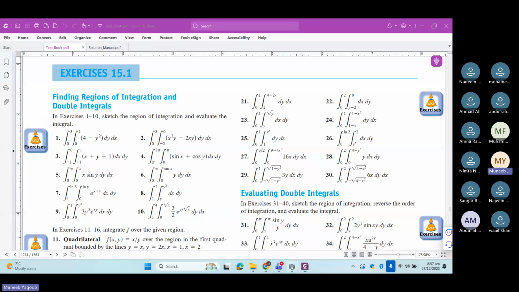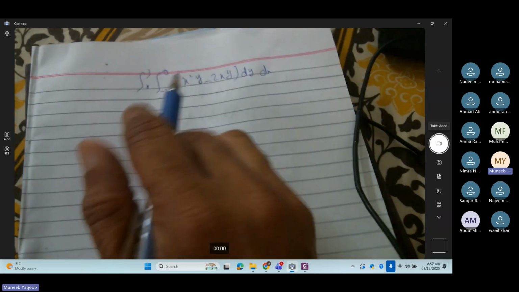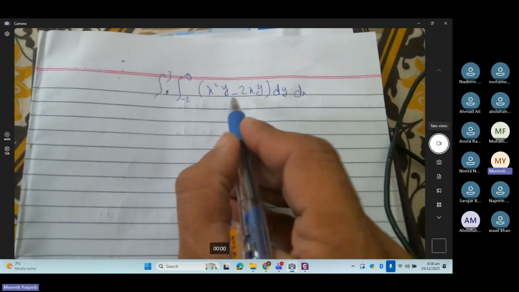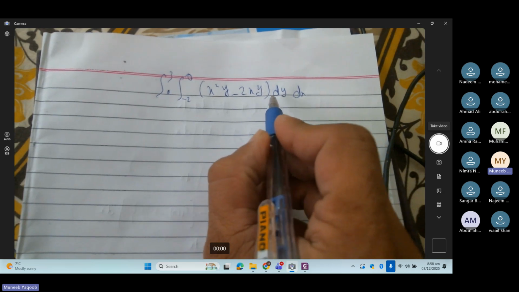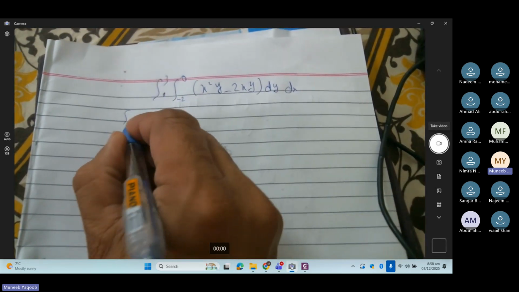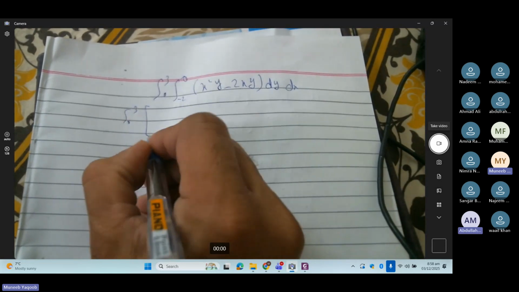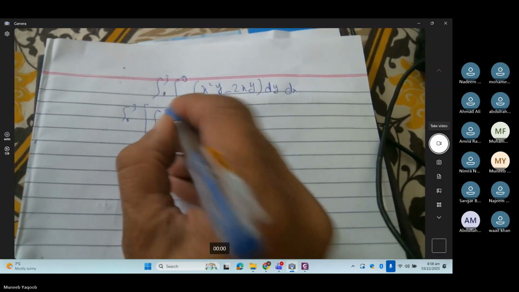Okay, so we were solving question number 2, and you can see that first of all, we need to solve the inner integral with this, which is with respect to y. So we will keep the outer integral outside of our brackets. Okay.